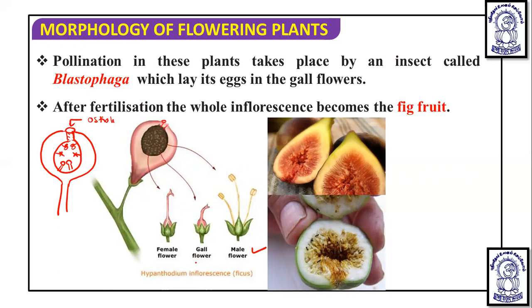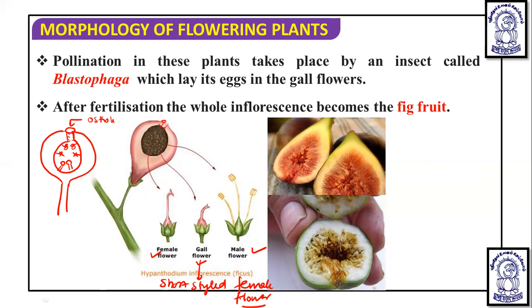In between you will see the gall flower, that is a sterile flower, and at the base you will see the long-styled female flowers, that are fertile. The gall flowers are also female flowers, but they are short-styled female flowers. If the arrangement of flowers occurs in such a way, then it is known as a hypanthodium.